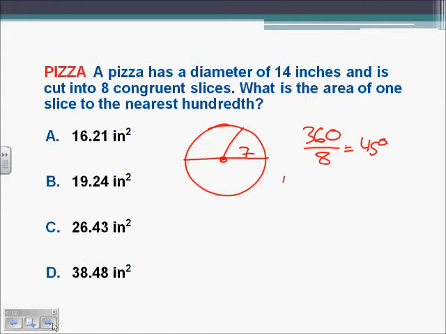So we put our 45 over 360. We multiply that by pi r squared. In our case, our radius is 7, so pi times 7 squared. We plug that again into our calculator. 45 divided by 360 is going to be 1/8. 1/8 times 7 squared would be 49, so we've got 49 over 8 times pi, and that's going to give us the area of each one of those sectors, which is approximately 19.24 inches squared.